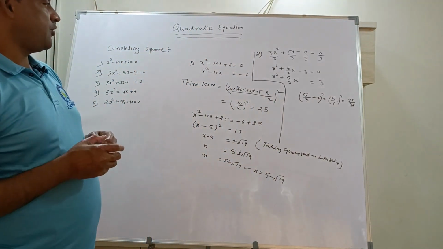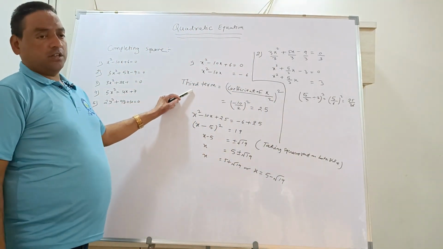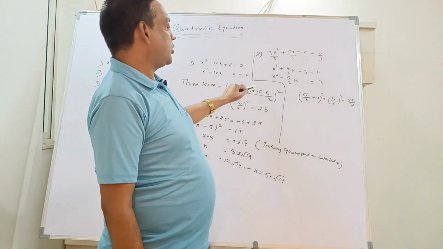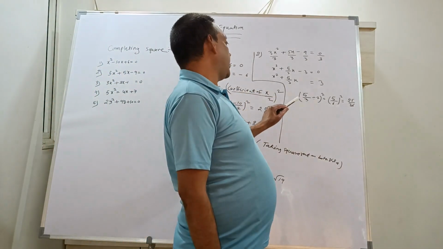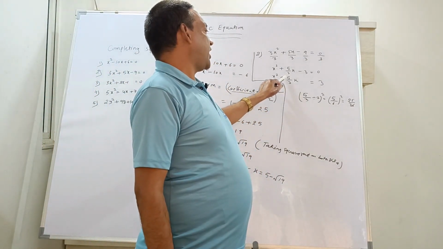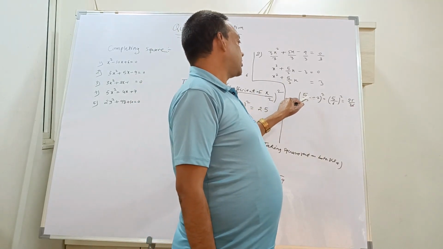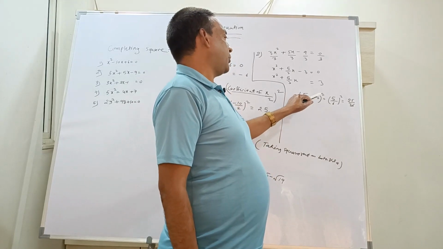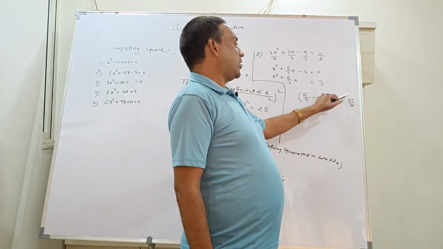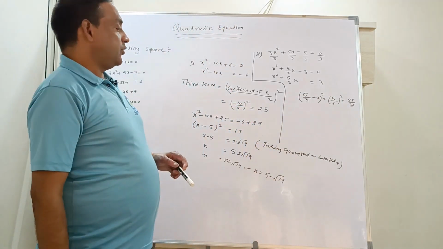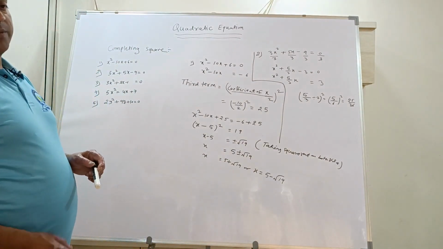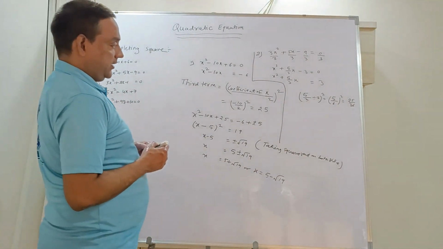Clear? Same formula: third term is equal to coefficient of x divided by 2, the whole square. So 5 upon 3 divided by 2 is 5 upon 3 into 1 upon 2, which is 5 upon 6. The square of 5 upon 6 is 25 upon 36. So we add 25 upon 36 on both sides.